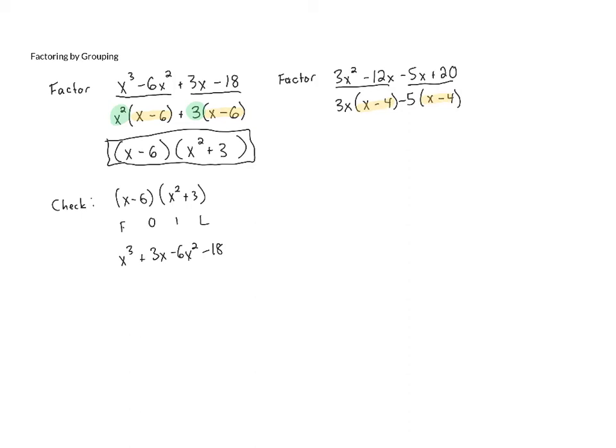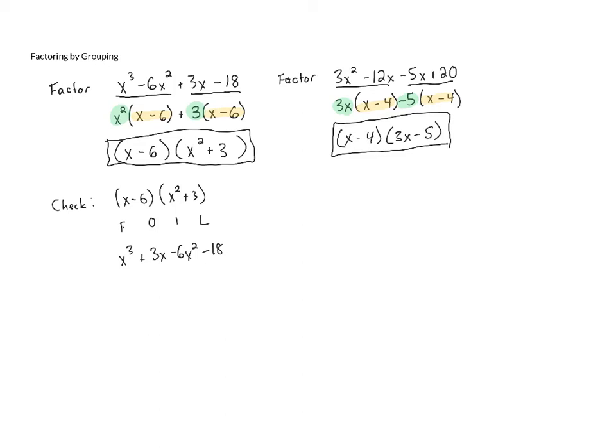So we can put that x minus 4 out front as the GCF. And then the leftovers are 3x minus 5. So we put those leftovers in parentheses. And our factored version of this polynomial is x minus 4 times 3x minus 5.